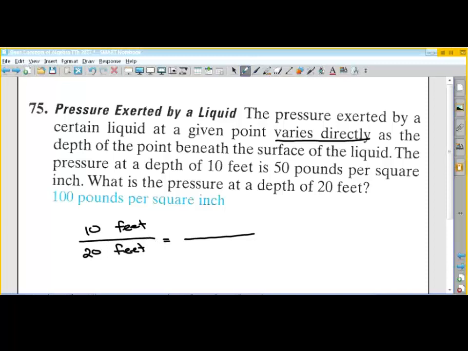If you have 20 feet down here, you're going to have your answer here for the pressure at 20 feet, so we just have to match it up. Where does the 50 pounds per square inch go in this proportion, the top or the bottom? By reading the problem, which one does 50 match with?